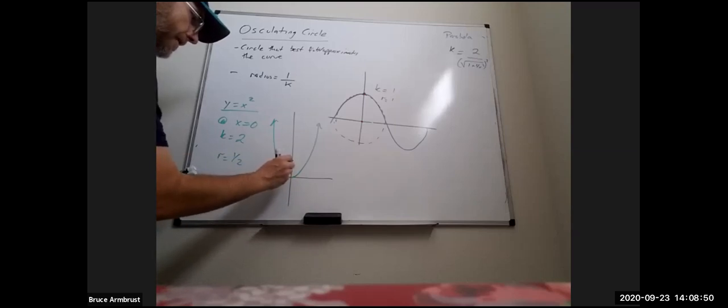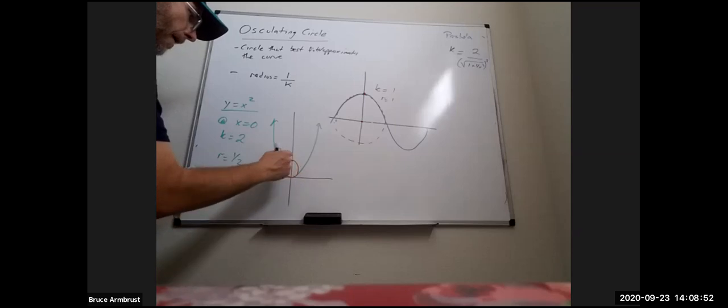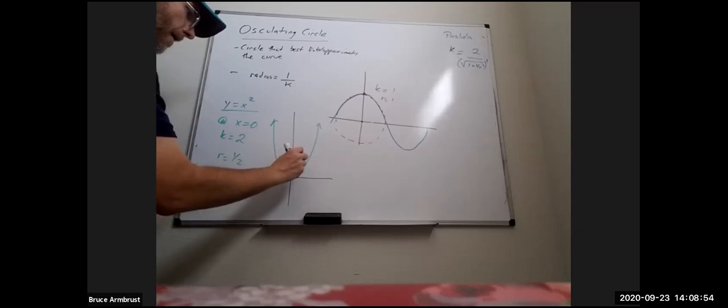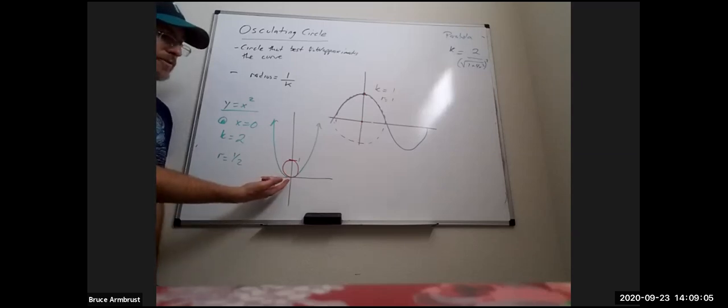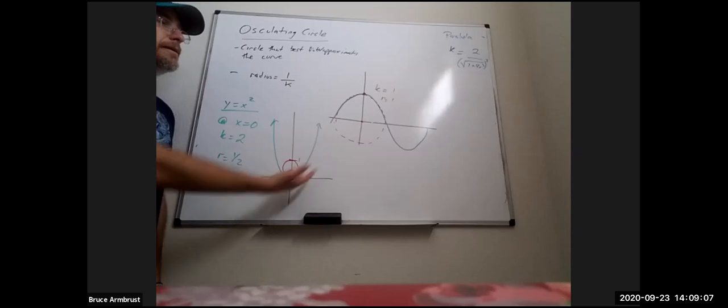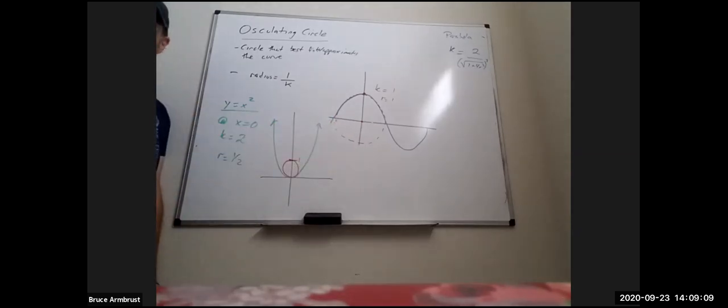So this is 1, let's say. That would be your best fit circle. So it's smaller than the one for cosine, which tells us that the turnaround at the vertex of a parabola is tighter than that at one of the peaks or troughs of cosine.